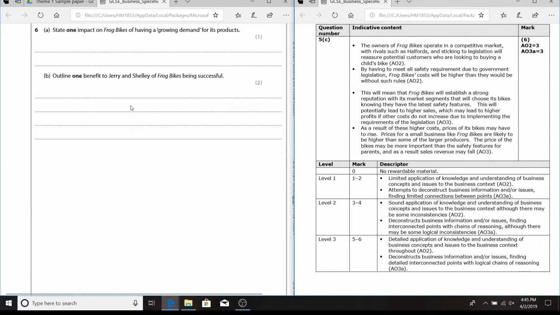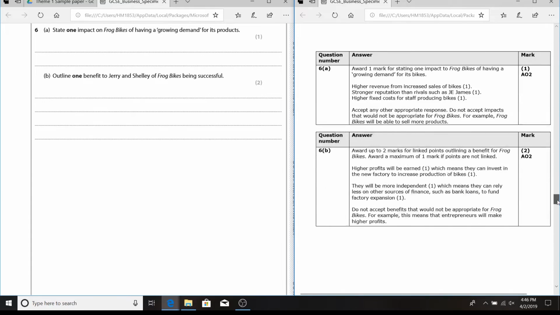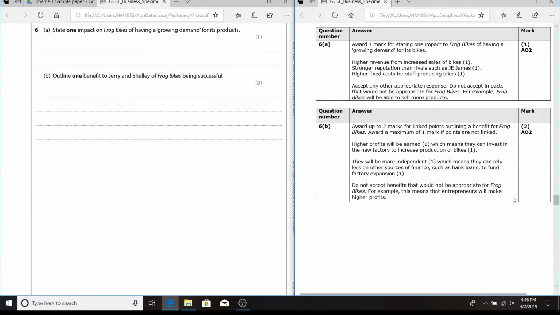And our second one here, outline one benefit to Jerry and Shelley of Frog Bikes being successful. So what is that benefit? Well, again, there's a wide variety of points that you could bring into that one. It could be about personal satisfaction. It could be about personal financial gains that have actually been achieved by the entrepreneurs as well.